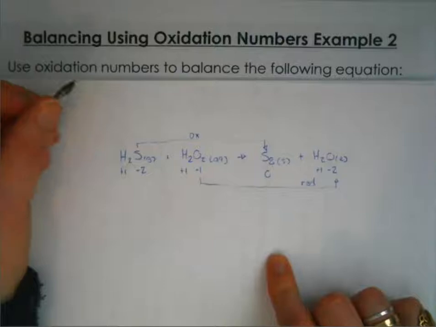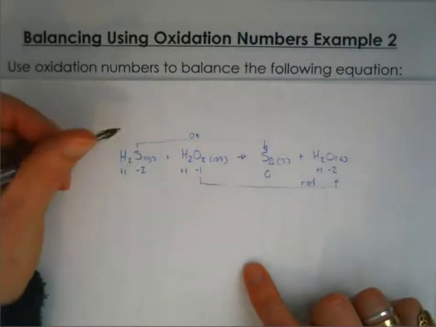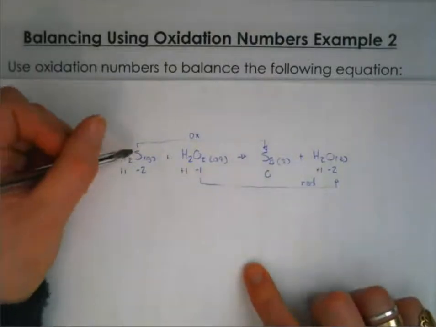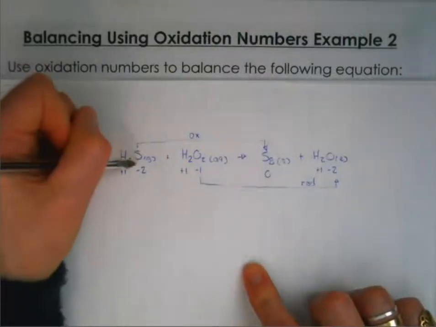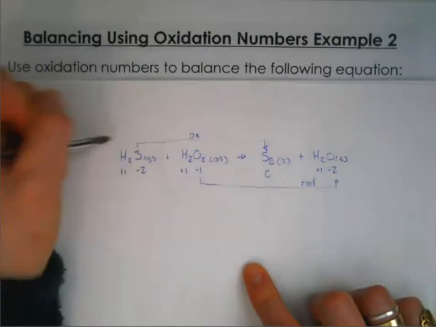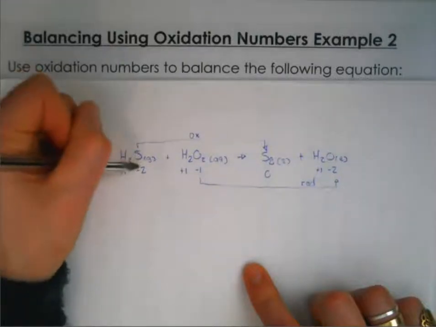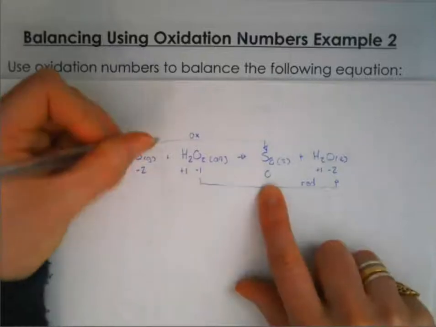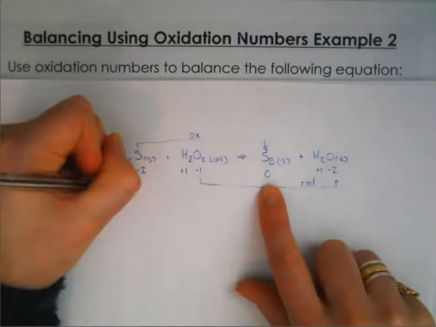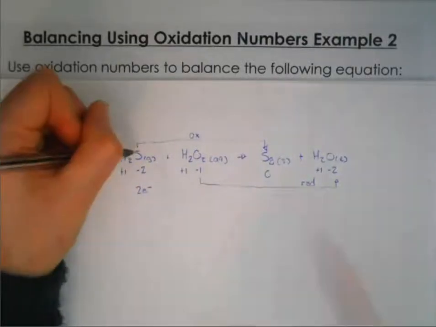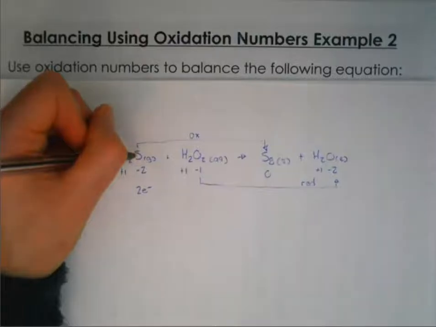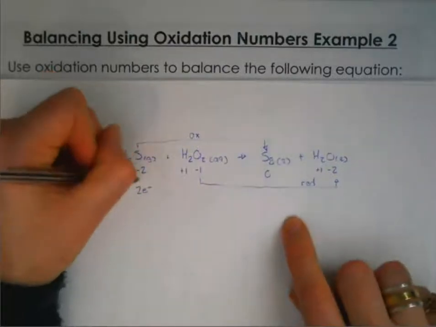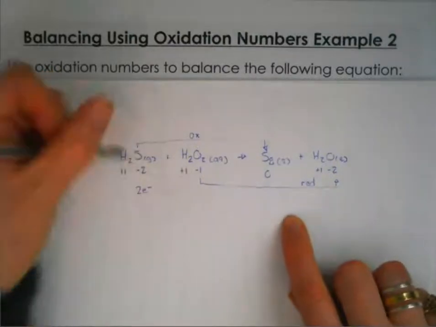Okay, so once we have our changes figured out, we want to determine the number of electrons that are transferred per atom. So in this molecule, we have sulfur and there's only one atom. The change in oxidation number goes from -2 to 0, so that means we have a change of 2 electrons. And because there's only one sulfur atom in this molecule, the total change is 2 electrons.